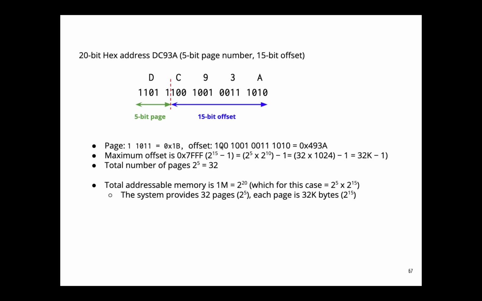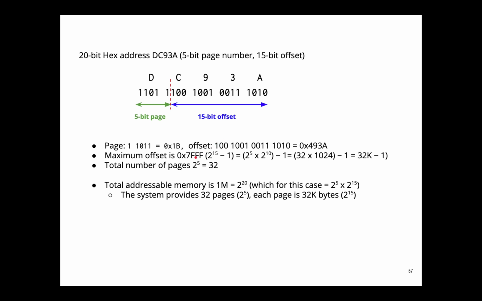And again, when I convert the offset to hex, that number is a 4, that number is a 9, this is a 3, this is an A. The maximum offset is when we see all 1s for all these bits. If we have a 1 on those 3 bits, we're going to have a 7. When we have all 1s on the other groups, we will see an F, the same F and F here.